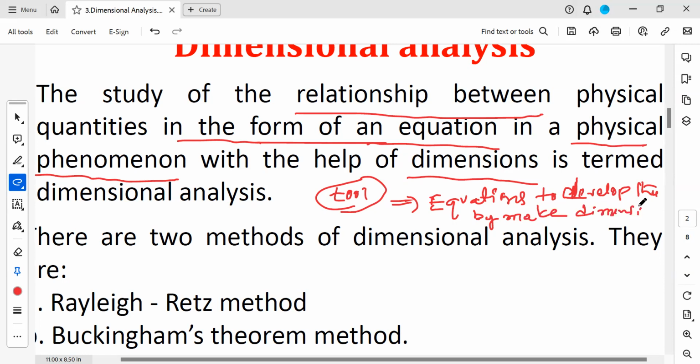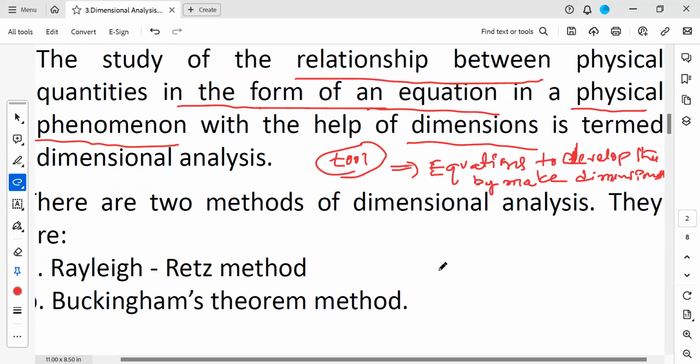This is called dimensional analysis. With the help of this tool, we are able to find the relation between the variables in the form of equations, so we are establishing the equations for a given physical problem.